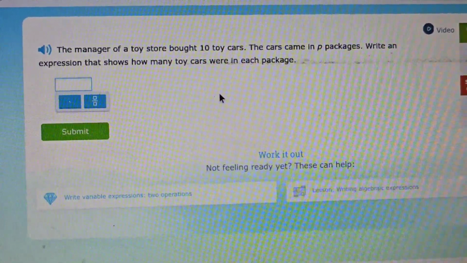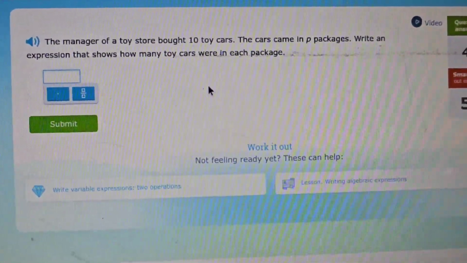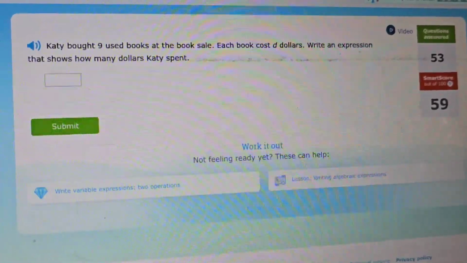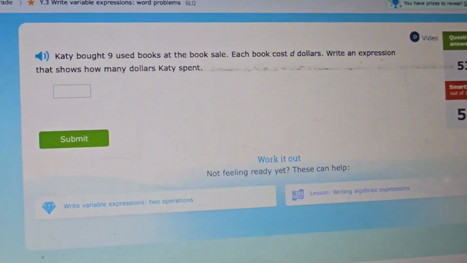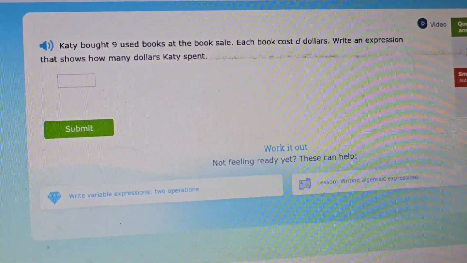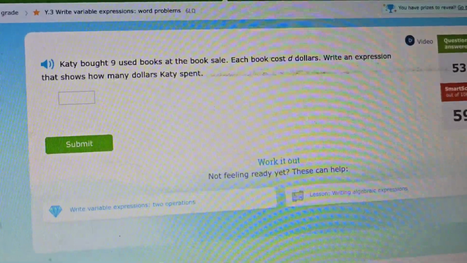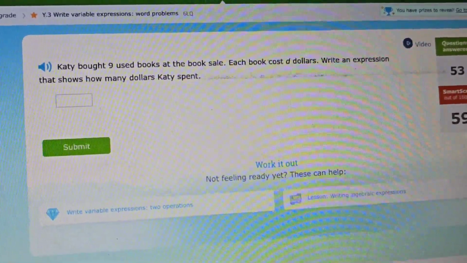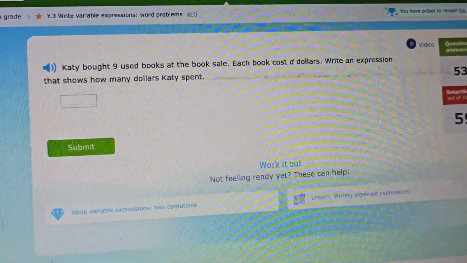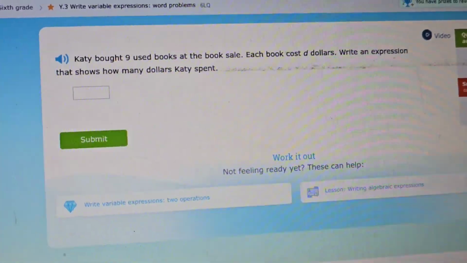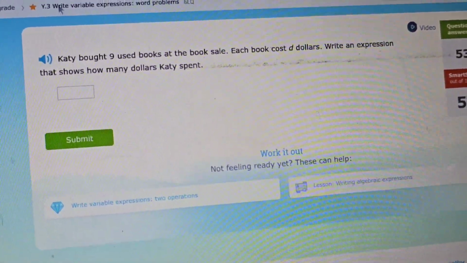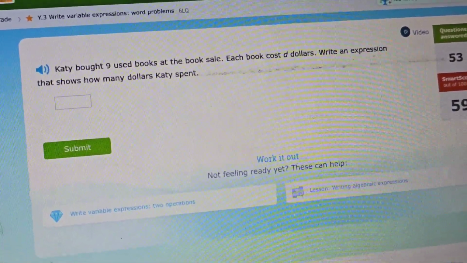to get the number of cars per package. Guys, here's a tip for solving these problems. If it gets too confusing, you can substitute a number into the variable and reread the question again. Let's just stick with the number 2. Katie bought 9 used books at a book sale. Each book cost $2.